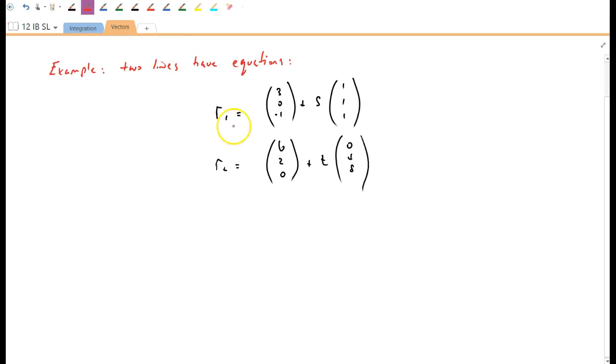So the example: two lines have these equations. Show that the lines intersect. Now how do we show they intersect?